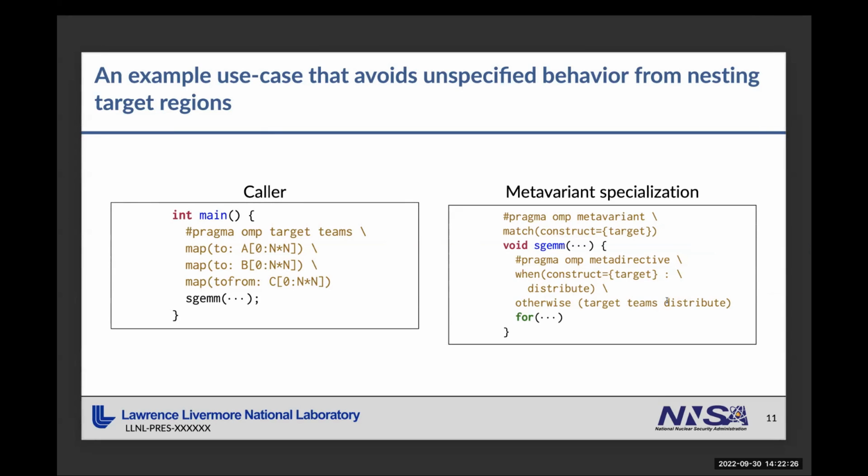I didn't have an example for it in the slides, and I probably should have. But another place where this is helpful is if you're already in a target, and you don't necessarily know if you're at the teams level or the parallel level, which is much harder to handle. Handling it dynamically destroys your performance because the checks are too expensive, and handling it statically doesn't propagate.